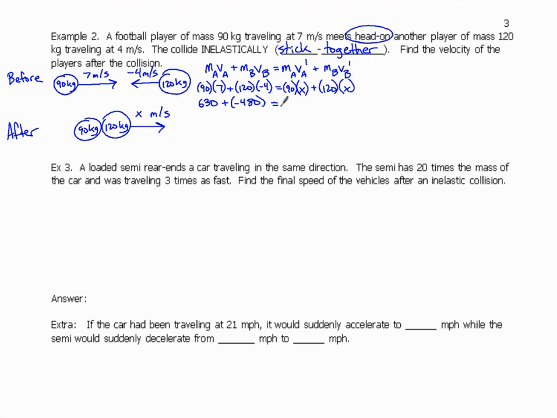And this equals 90x plus 120x, 210x. So to simplify, 630 minus 480 is 150, and that equals 210x. Divide both sides by 210. We see that x equals 0.714 meters per second.